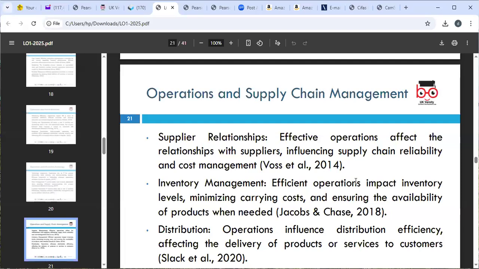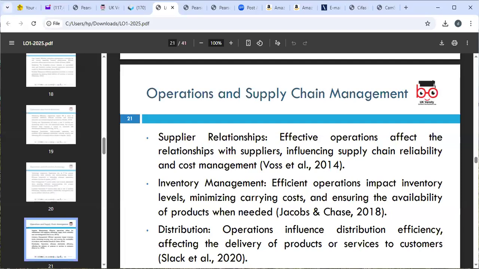Oftentimes, you may even put the suppliers together to come out as one organization to supply you the products. Effective operations affect relationships with suppliers, influencing supply chain reliability and cost management. Very important. So you need to build relationships beyond the core internal functions to the external organizations as well.